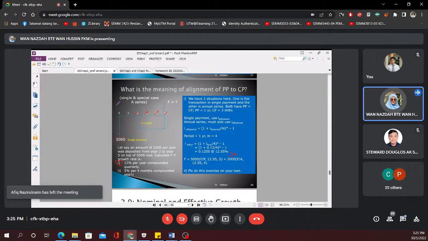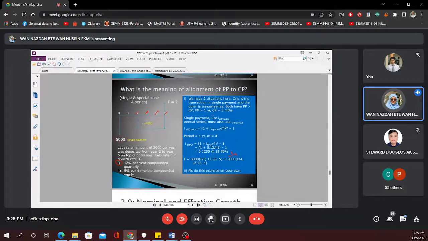So for this situation, let's say an amount of 2,000 per year was deposited from year 2 to year 5 on top of 5,000 now. So you have a combination of single payment and series payment.